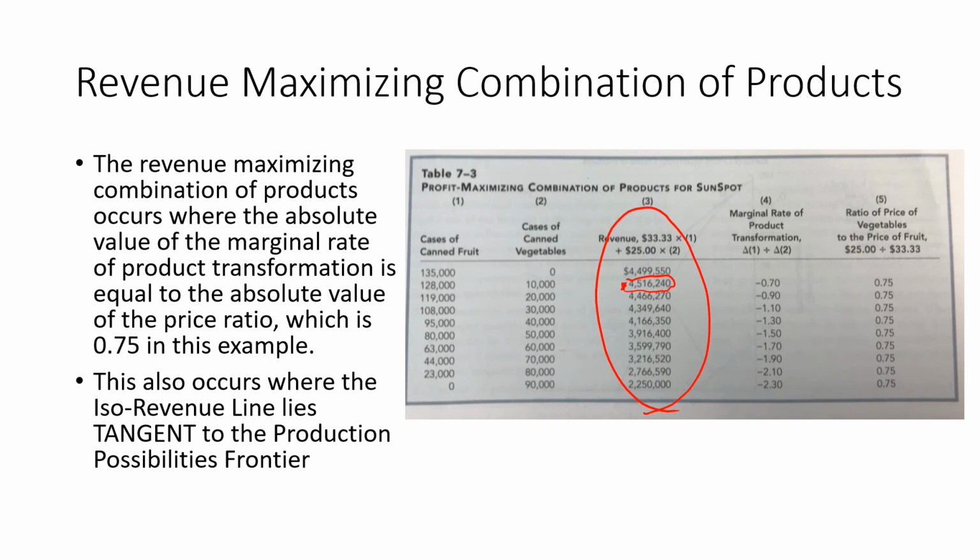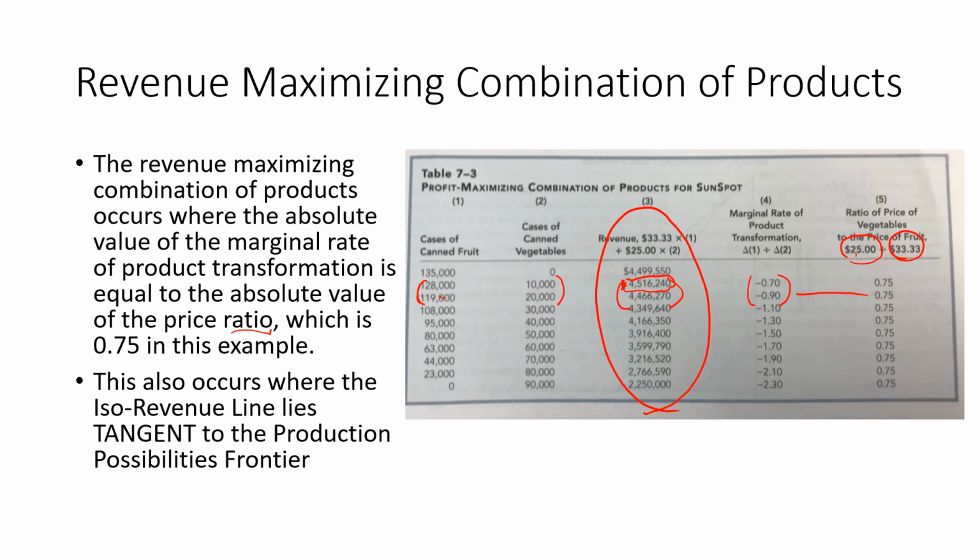That means somewhere between point B and C is going to be our revenue maximization, and it is actually going to occur where the absolute value of the price ratio of the two different products, which is figured out by dividing one product price by the other, is equal to the marginal rate of product transformation.